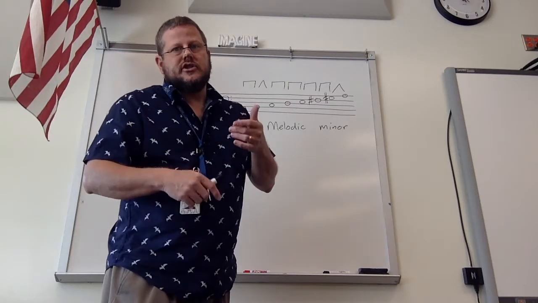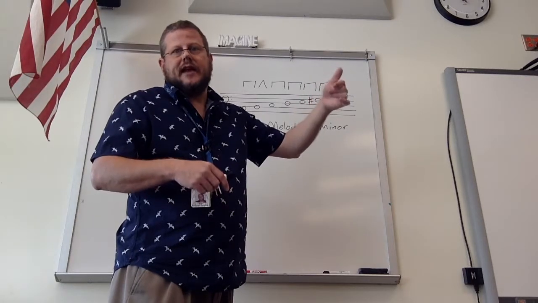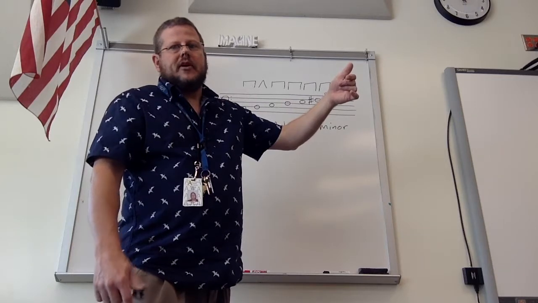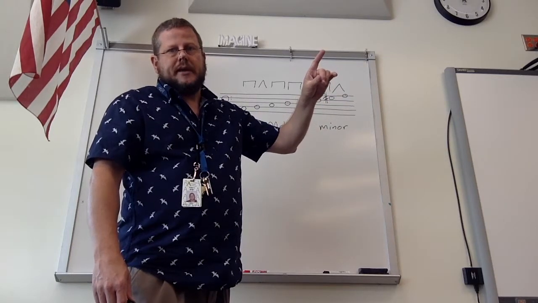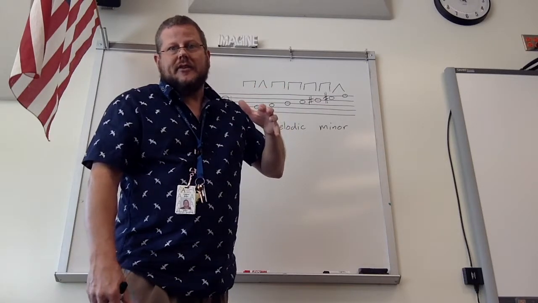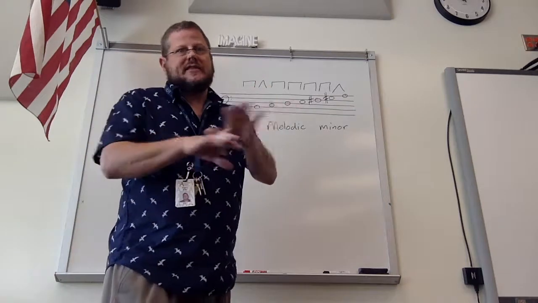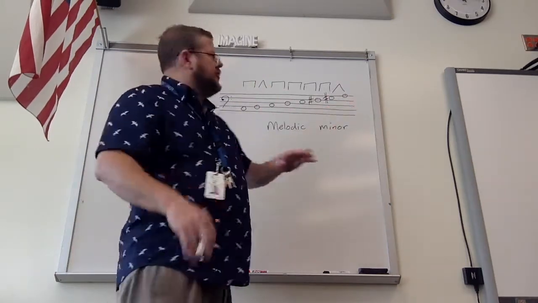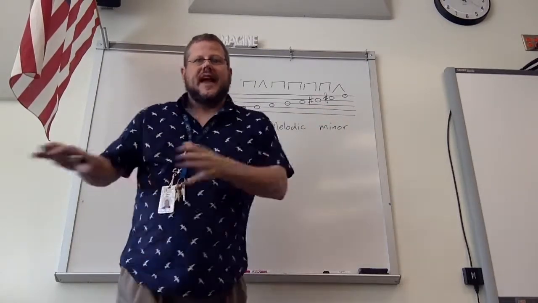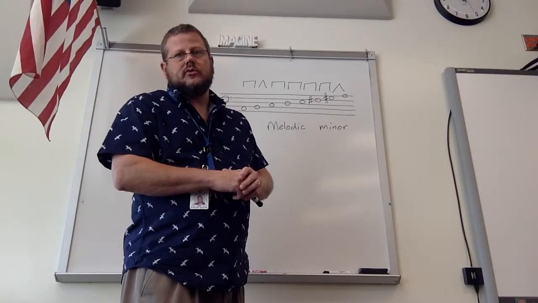Well, I have G, A, B flat, C, D, E flat, F, G for my natural minor. If I make it harmonic minor, it's going to have an F sharp in it. So the scale itself is going to have 2 flats and then a sharp. But in your key signature, you're just going to see the 2 flats. You're never going to see the melodic minor or harmonic minor alterations added to the key signature. They will be in as accidentals written next to the notes.